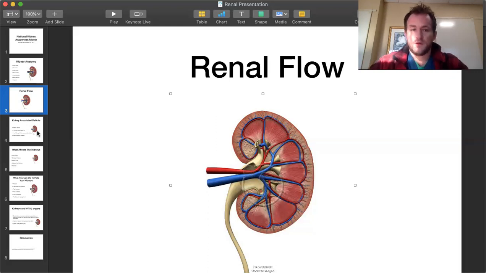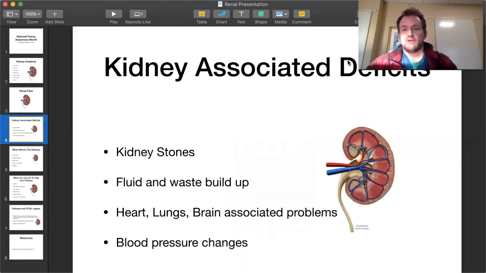Okay. So some kidney-associated deficits. Sorry, let me move my face here. Kidney stones. Essentially, as your body is filtering the blood, there's calcium, there's sodium, there's all kinds of other acid and base products that are filtered through the blood.